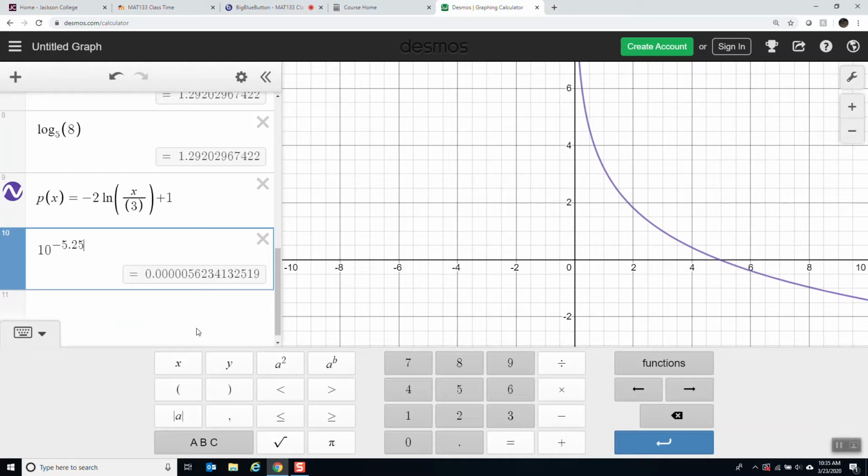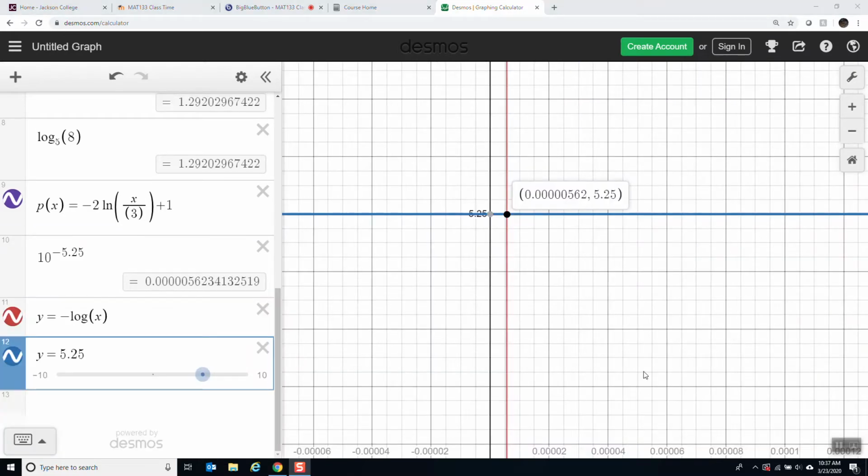X is approximately equal to 0.00000563. No, I feel like that's totally wrong. Hang on, I gotta figure this. Okay, no, I was totally right. It just didn't feel right.